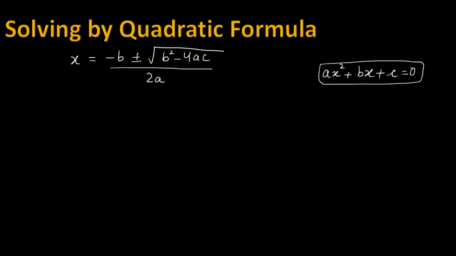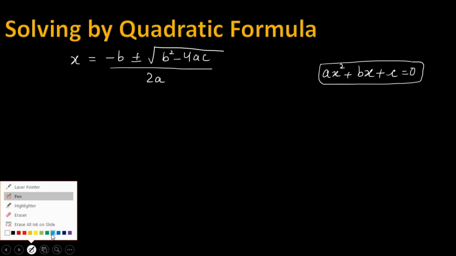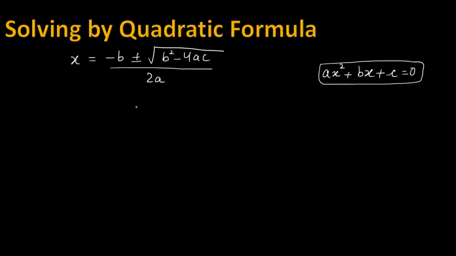Now let's take an example to solve a quadratic equation by the quadratic formula method. Let's say we have the question 3x squared minus 4x minus 11 equals 0.